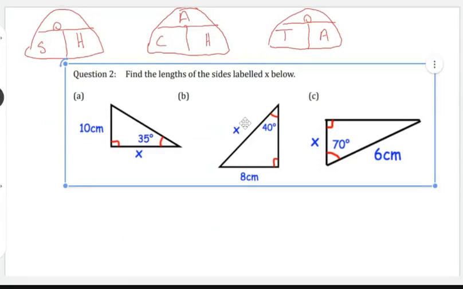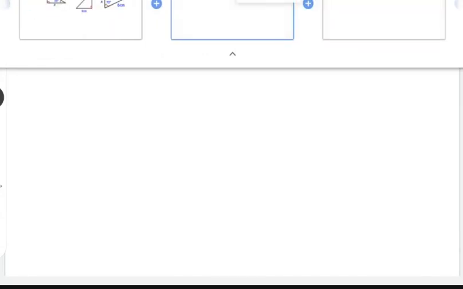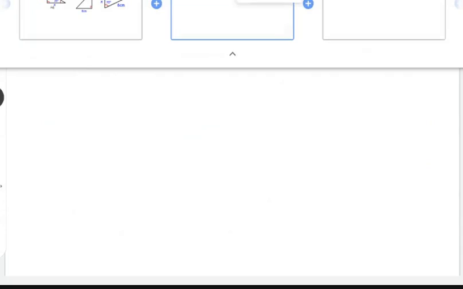You can put hyp, opp, adj next to each side length if you dare. Okay, I've made quite a few copies.